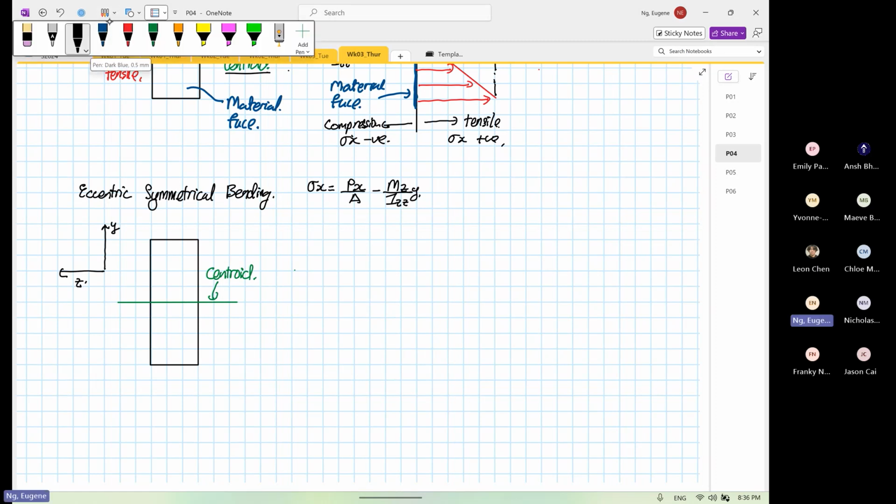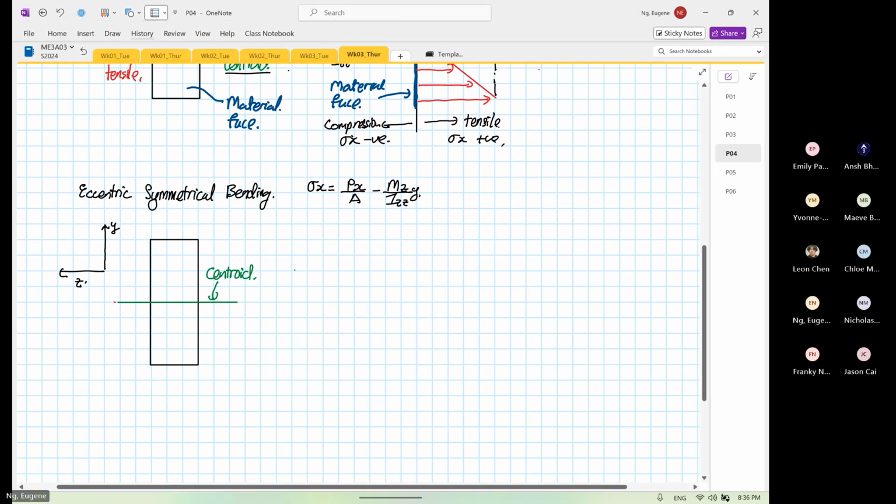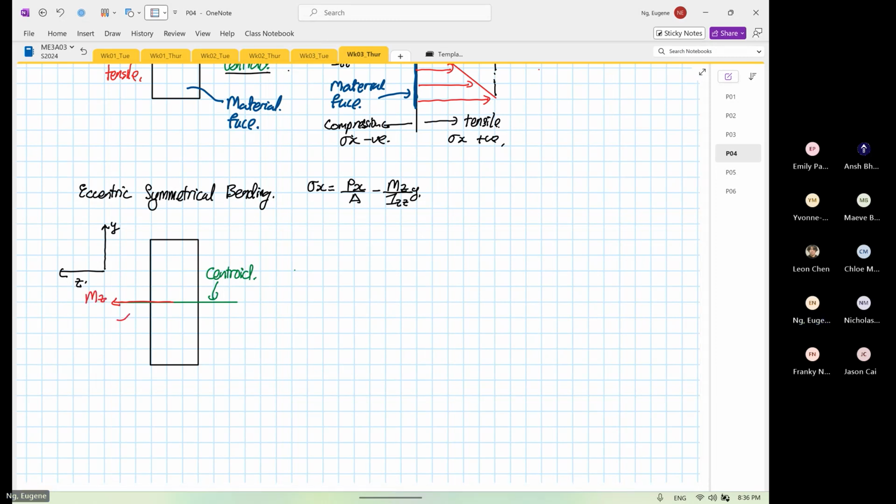So I'm still going to put in the vector. This is my moment about z, right hand rule again, compression, and over here is tensile.